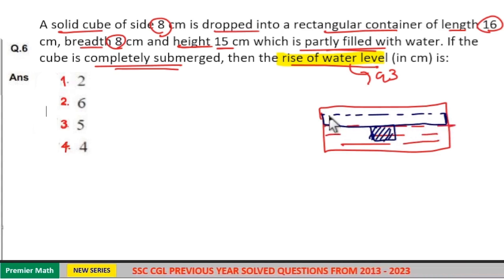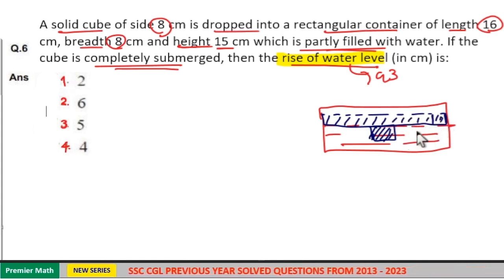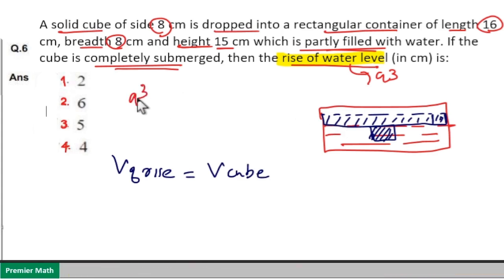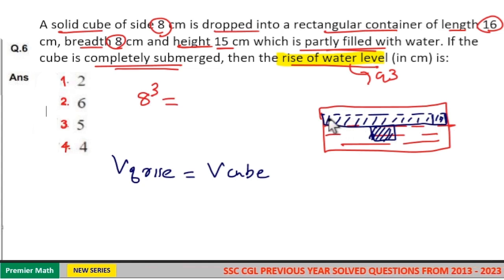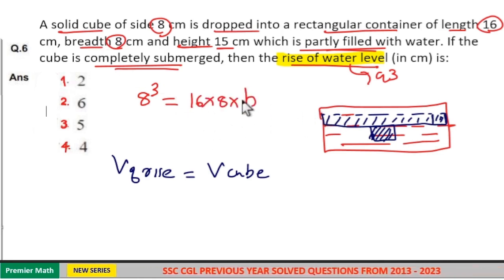Now, this is the rise and this is height h, and this volume of rise is equal to volume of cube, which means here cube volume is equal to A cube, which is 8 cube, which is equal to volume of rise, means volume of this rectangular portion, which is equal to length is 16, breadth is 8, and here we need height h in which this water level rises.